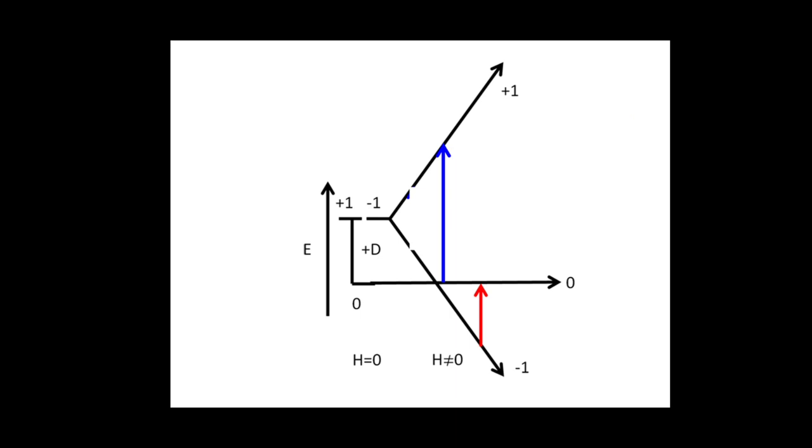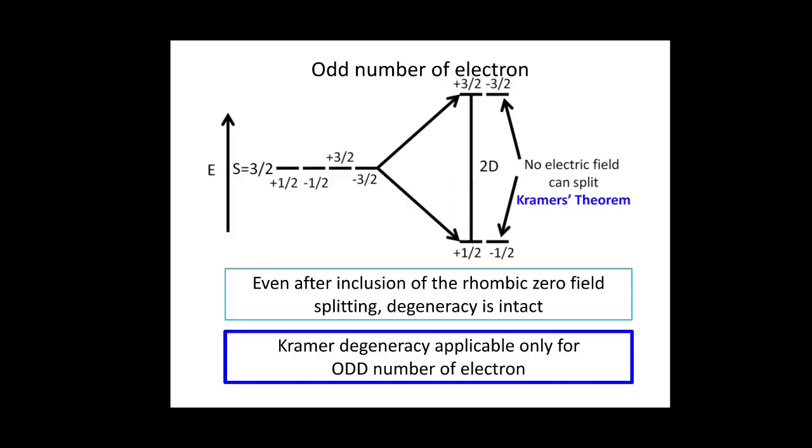So the basic important thing to learn is that after you include the zero field splitting term into your energetics, you start to get a greater number of peaks. Now let us look at an odd number system. Here I have taken S equal to 3/2.